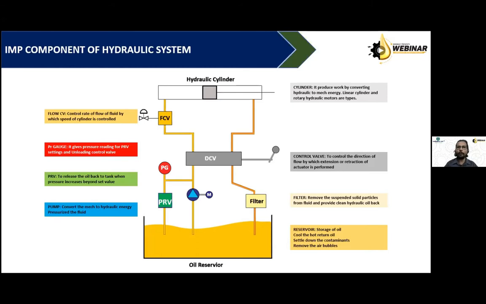So whatever configuration is there, basically one spool will be used having very fine clearances with its body. The spool will move to and fro from envelope to envelope to give oil different directions so that we can get our required actuation of the cylinder or of the hydraulic motor.